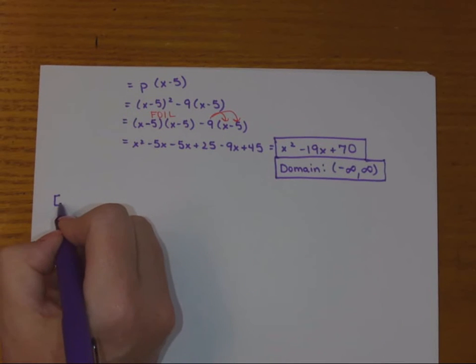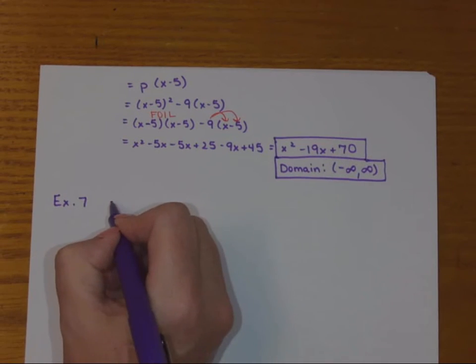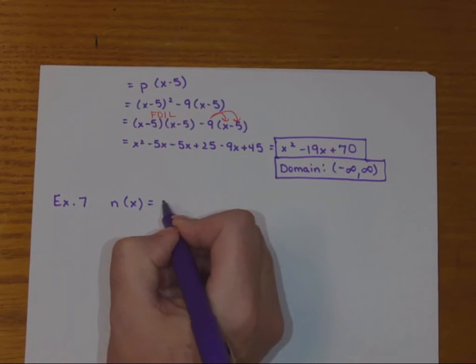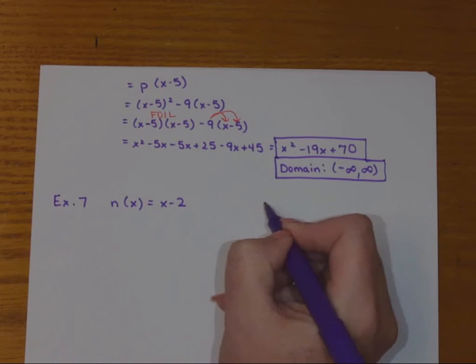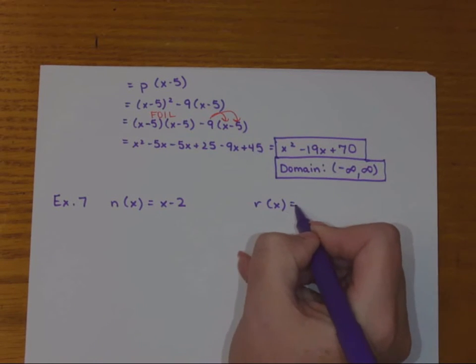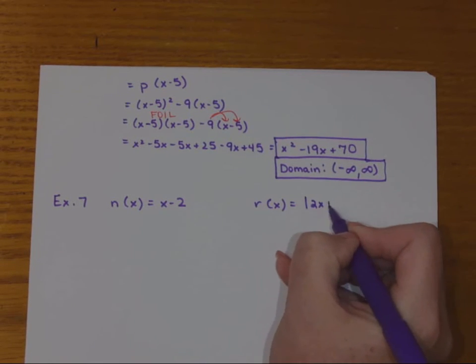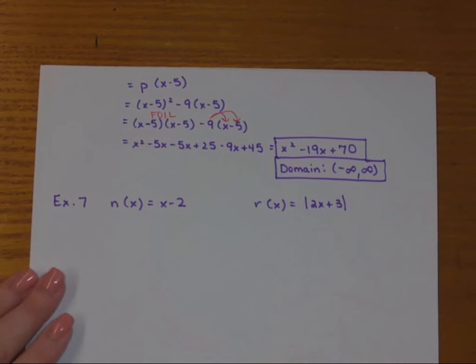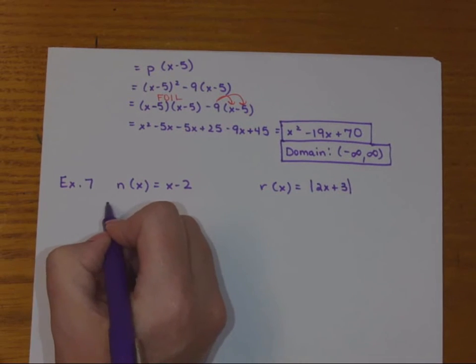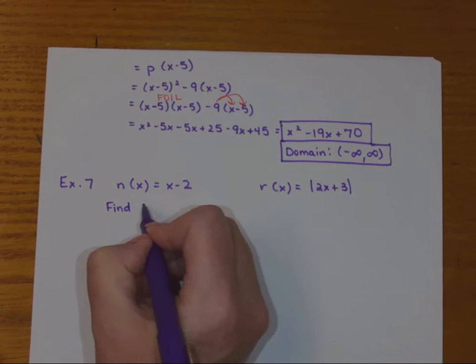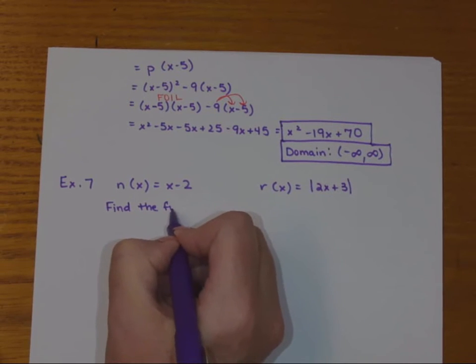Okay, so let's look at maybe one more where we have two functions. Generally speaking, it does matter which order you start in. In other words, it matters what the inside versus the outside function is.